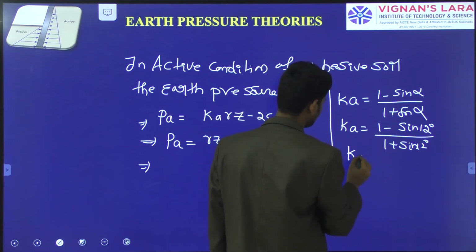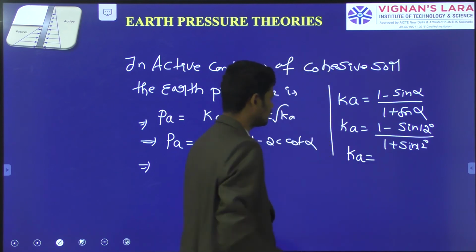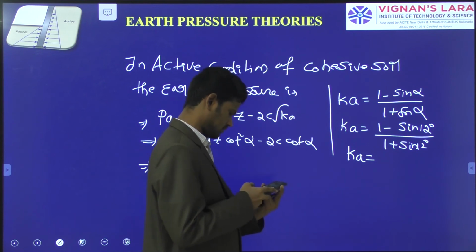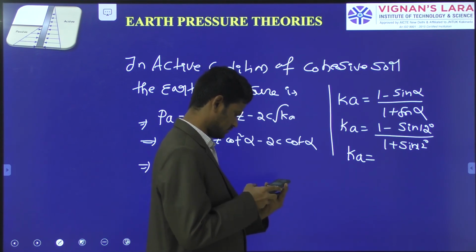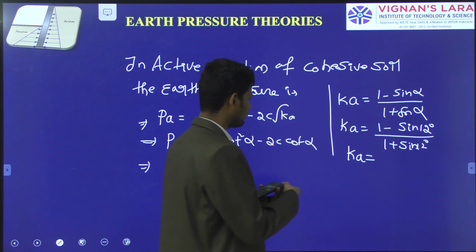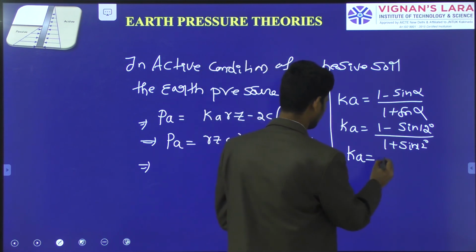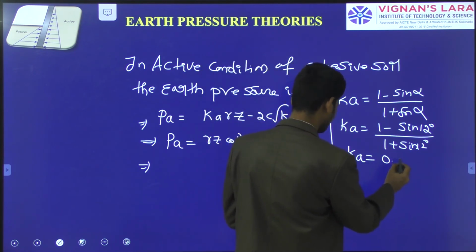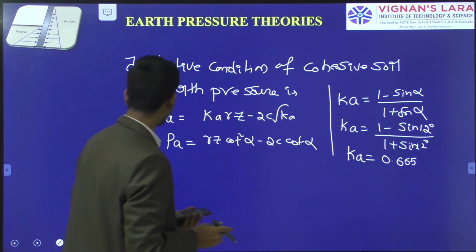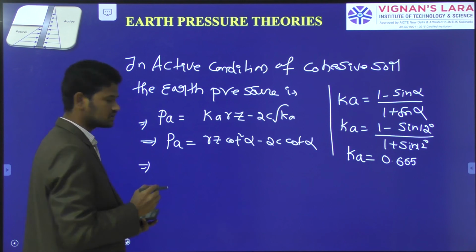We are getting this coefficient of earth pressure Ka as 0.655.